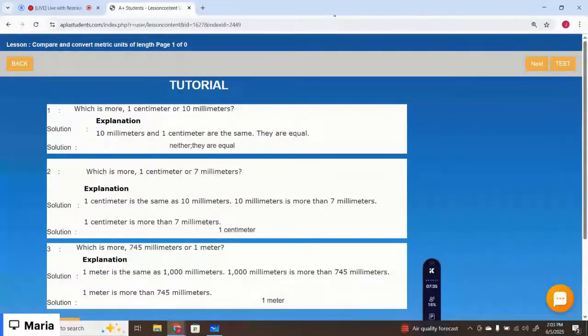They both are exactly equal. Which is more, 1 centimeter or 7 millimeters? 1 centimeter is more than 7 millimeters because 1 centimeter is equal to 10 millimeters.